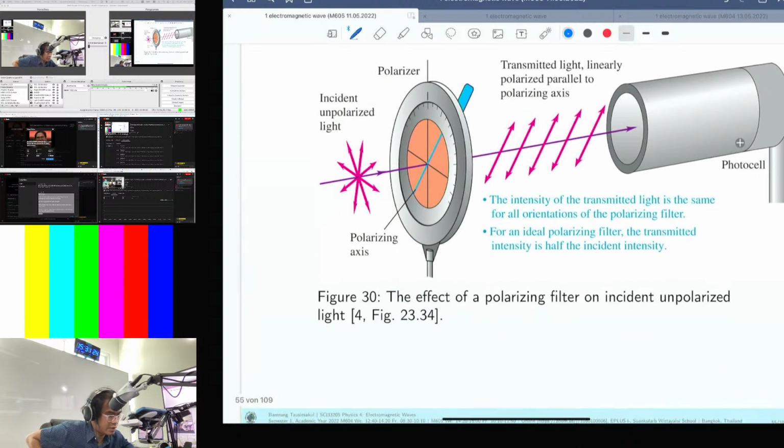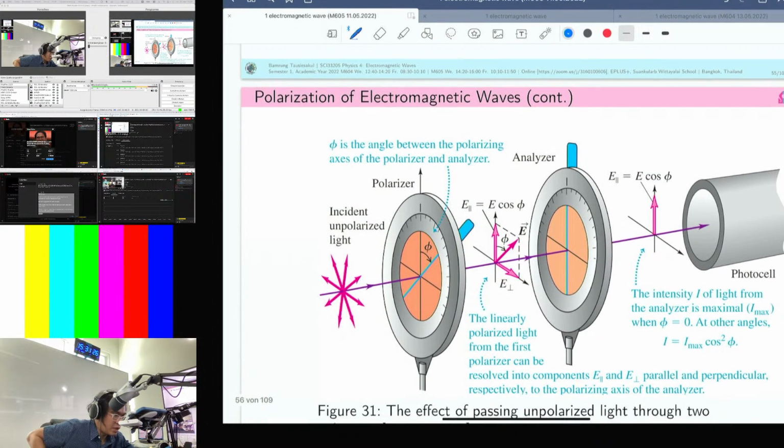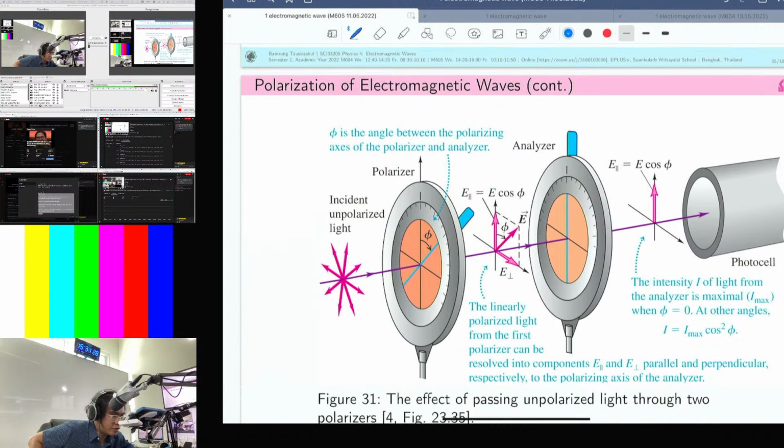polarizing filter or polarizer. But what happens if we have two filters like this? As I mentioned before, we start from the unpolarized light that has no unique orientation of the E field.